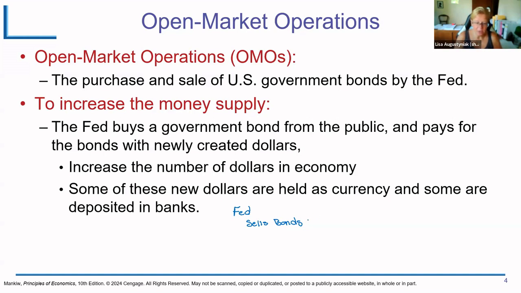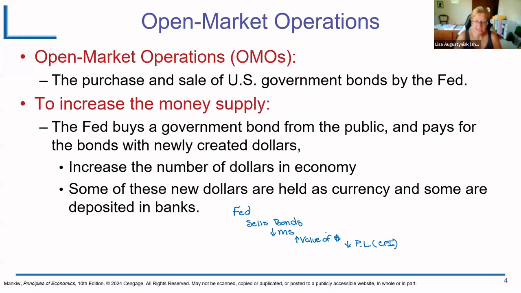So when the Fed sells bonds, the effect of that is to decrease the money supply. When the Fed decreases the money supply, it increases the value of a dollar. When it increases the value of a dollar, that decreases the price level. And the price level is just inflation or the CPI.